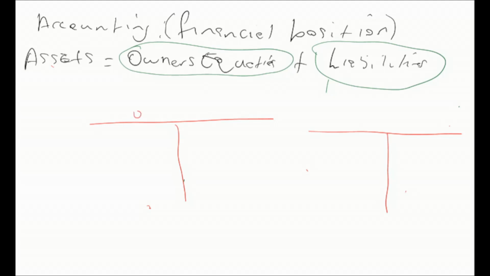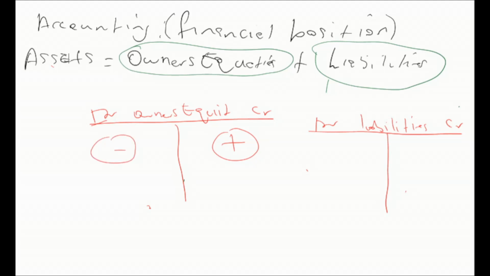Let me write: owner's equity, credit side, debit side; liabilities, credit side as well as debit side. Okay, all owner's equity increases on the credit side and decreases on the debit side.